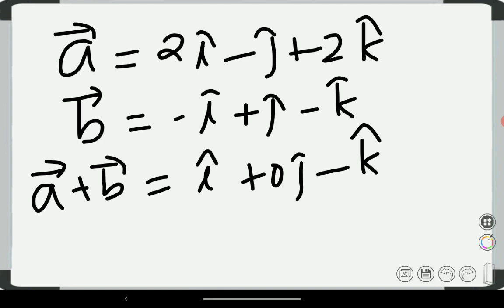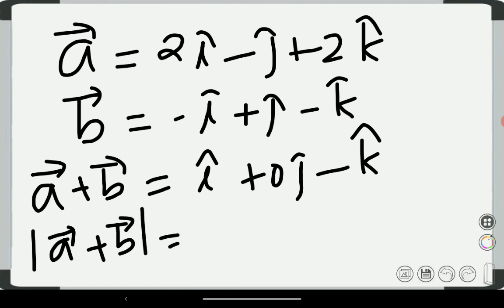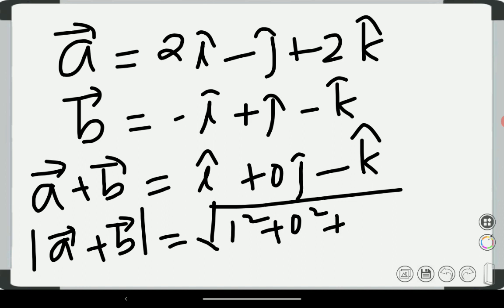Then we have to find the modulus. Any vector divided by the modulus will give the unit vector in that direction. So the modulus of this vector A plus B is root of 1 square plus 0 square plus minus 1 square. That is equal to root of 2.